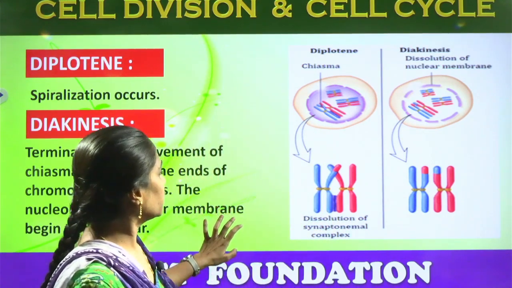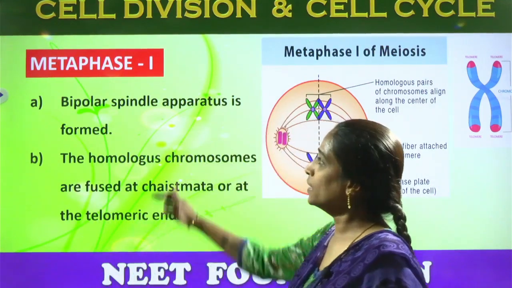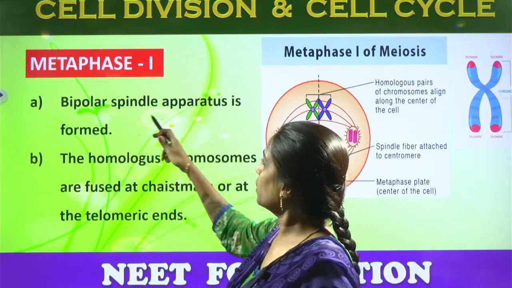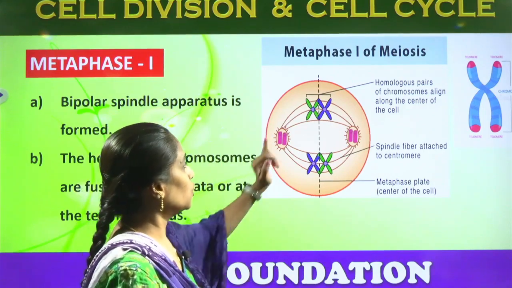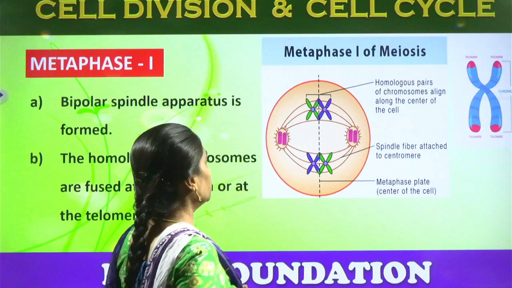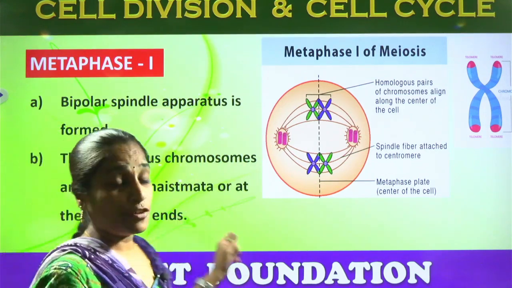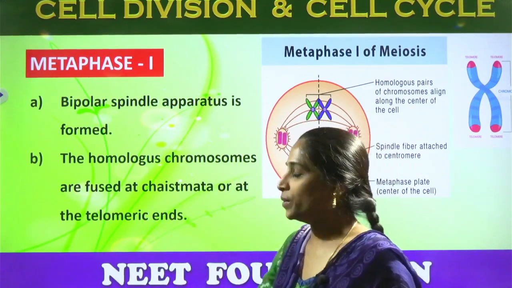And let's see the next one, the next stage of meiosis 1, called metaphase 1. Within metaphase 1, the bipolar spindle apparatus is formed. Bipolar in the sense two polar regions with the spindle fibers. Within the spindle fibers, the homologous chromosomes are fused to form a chiasma at the telomeric ends.